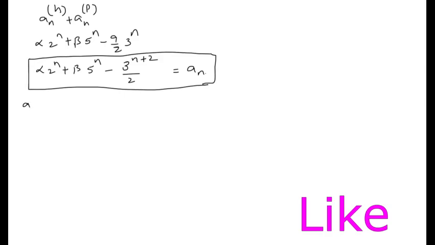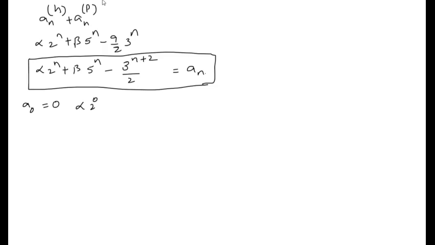So in the given problem, a naught is given as 0: alpha into 2 power 0 plus beta into 5 power 0 minus 3 power 2 divided by 2 is equal to 0. So we are going to get alpha plus beta minus 9 by 2 is equal to 0. And one more thing given is a1 equal to 1.